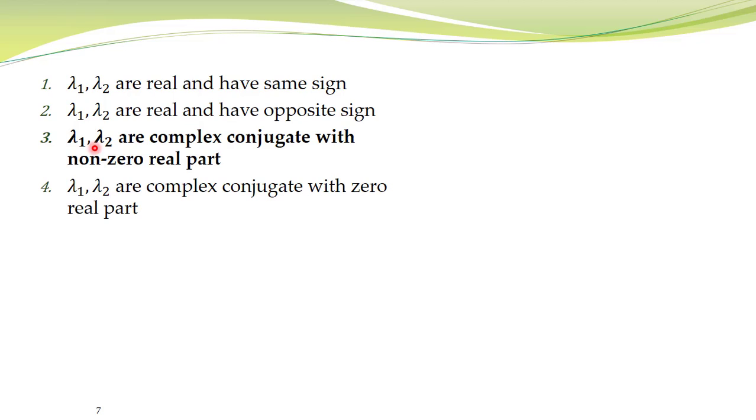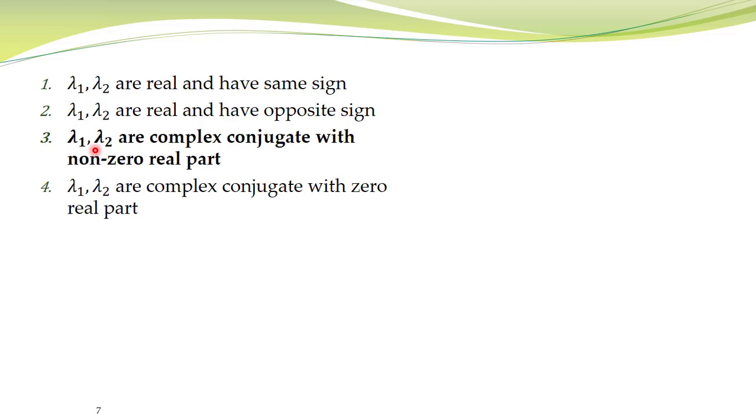If lambda 1 and lambda 2 are complex conjugates with non-zero real part, then what is the qualitative behavior of the system from the linear control theory that you have already studied? You are right that there will be oscillations. Either these will be growing oscillations or decaying oscillations, depending upon the real part of these eigenvalues.